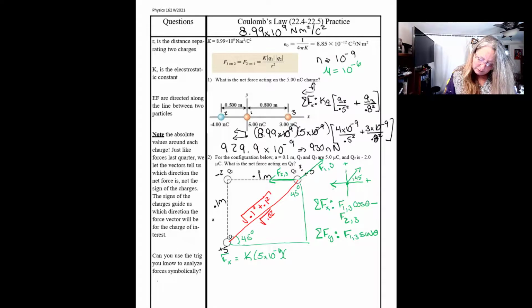Q1 is, oh, they're both the same. That's right. 5 times 10 to the negative 6 times cosine of 45 minus force 2 on 3. So minus K Q2, which is 2 times 10 to the negative 6 times 5 times 10 to the negative 6. Oops, I forgot my r squared.